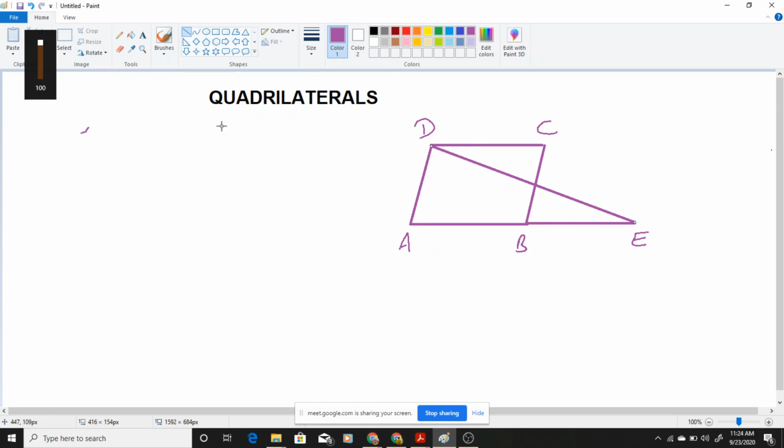Now I am writing the given parts of the question. So what is given to you?